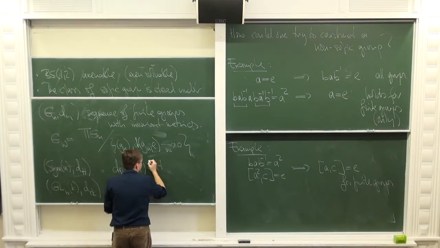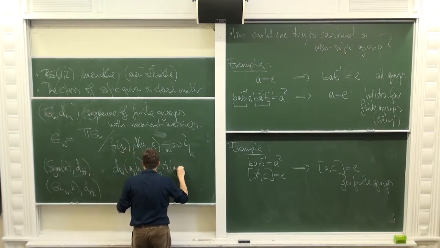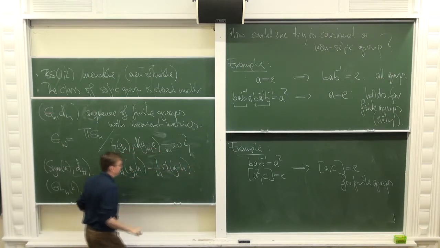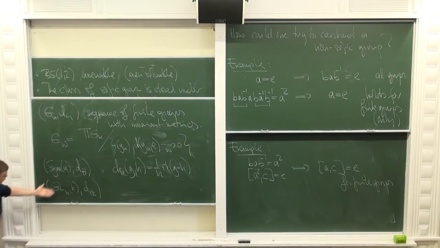It's just 1 divided by n times the rank of the linear difference of g and h. So this ambient linear space can be used to define a natural metric, and it will have exactly the same abstract properties as the Hamming distance.